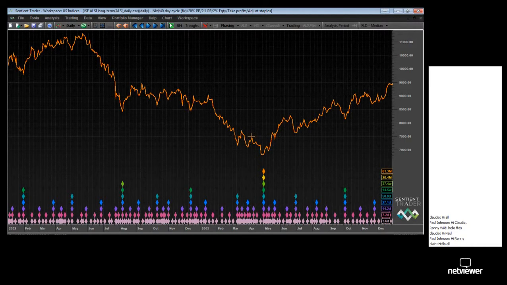But if you had your eye on the emerging markets, and particularly in this case the South African market, then I believe you would have found it much easier to phase that trough in March of 2003 as the 4.5-year cycle trough, because that's what the emerging markets were doing.